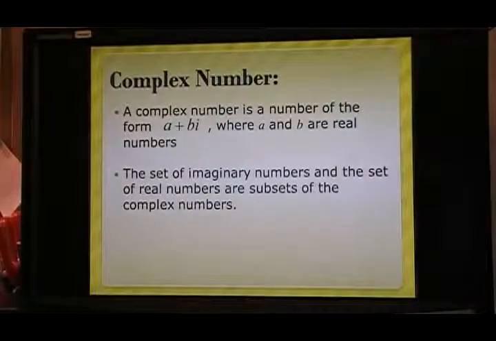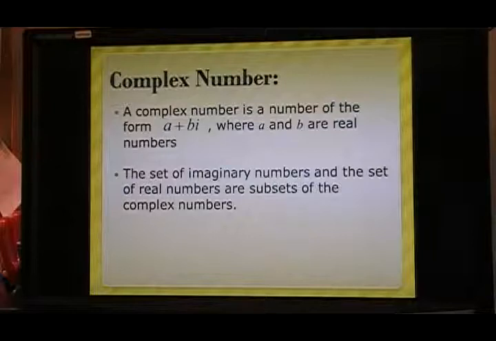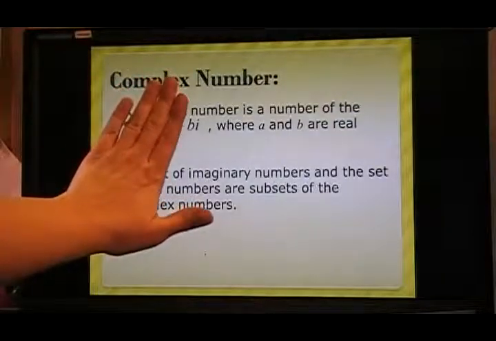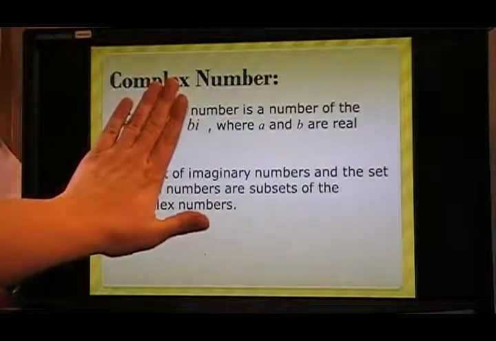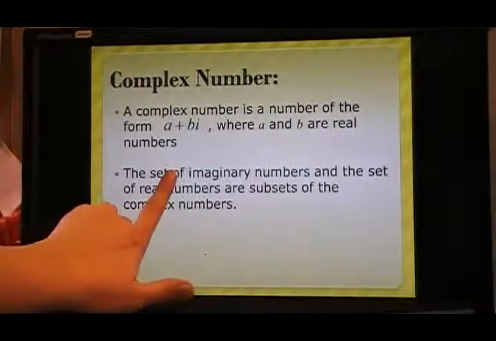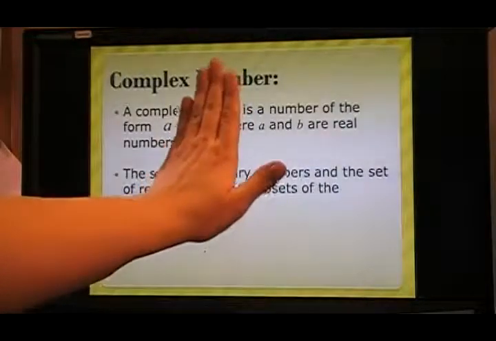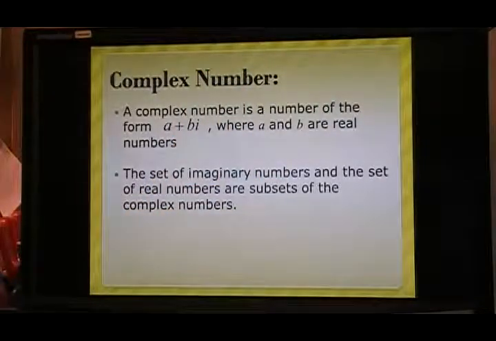So let's look at this up here. If a is 0, which 0 is a real number, then my number would look something like this. And so it would just be an imaginary number. If my b was 0, then this term would not be here, and what I would have is a real number.